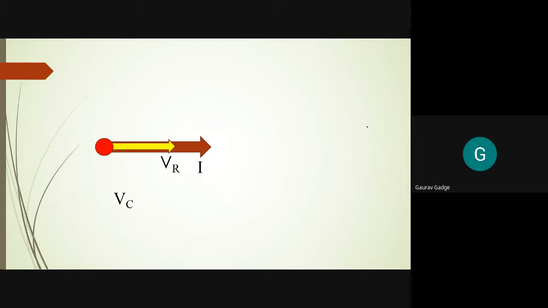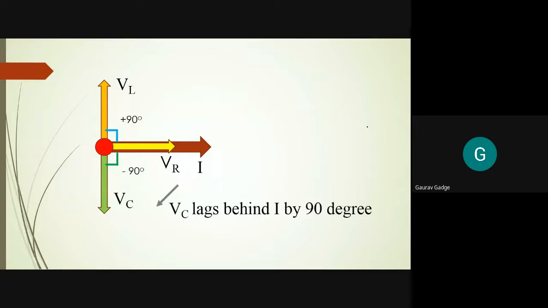Now VC lags current, VL leads current, and the angles are minus 90 for lagging and plus 90 for leading. So here we can say VC lags behind current by 90 degrees, VL leads, or leads ahead of, current by an angle of 90.